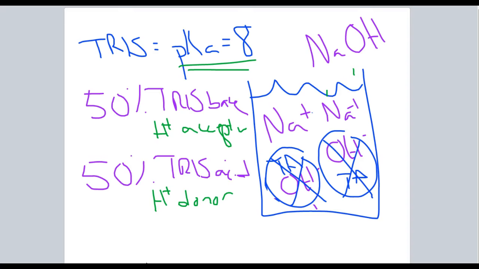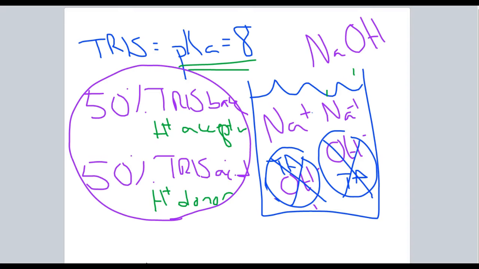This is all due to the fact that we have 50% dissociation of our buffer solution. It's the base that buffers us from the addition of more proton, because that base is a proton acceptor. And it's the acid of tris that buffers against the addition of base, because it is a proton donor, neutralizing that base, turning it to water.